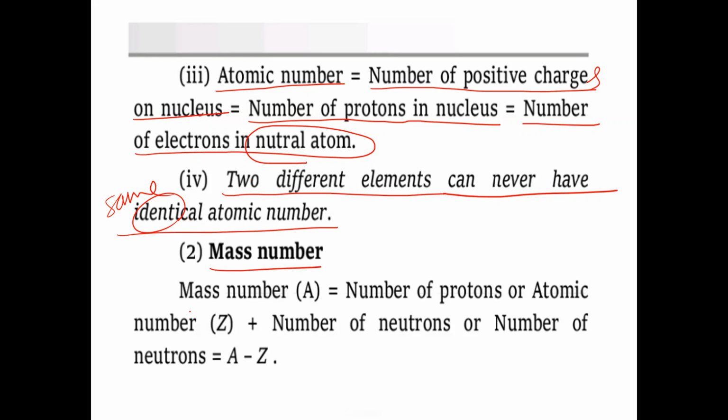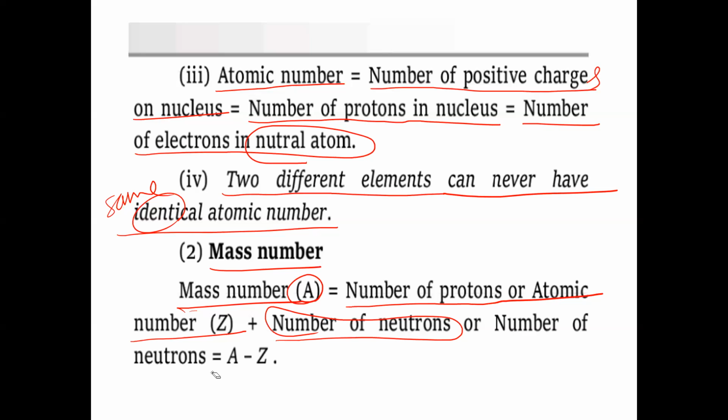And what is mass number? Mass number is given by A. Mass number is equal to the number of protons, nothing but the atomic number, plus the number of neutrons.